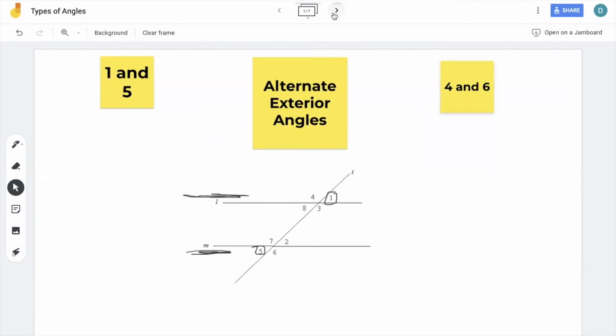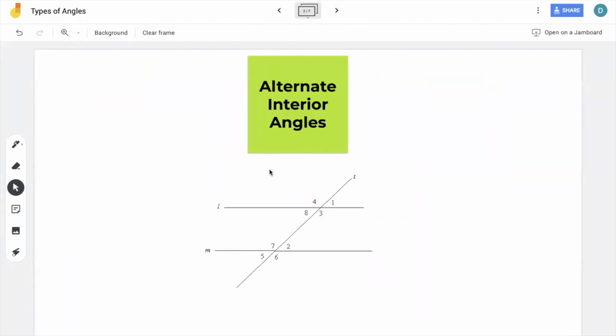And so let's look at the next example here, alternate interior angles. Now, interior indicates that they are between the two parallel lines, so below L and above M. And we know alternate from the previous term means on opposite sides of the transversal. So what would be our alternate interior angles?